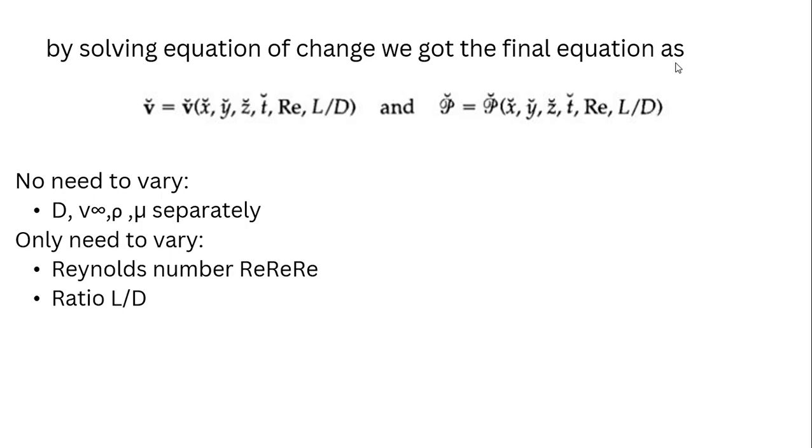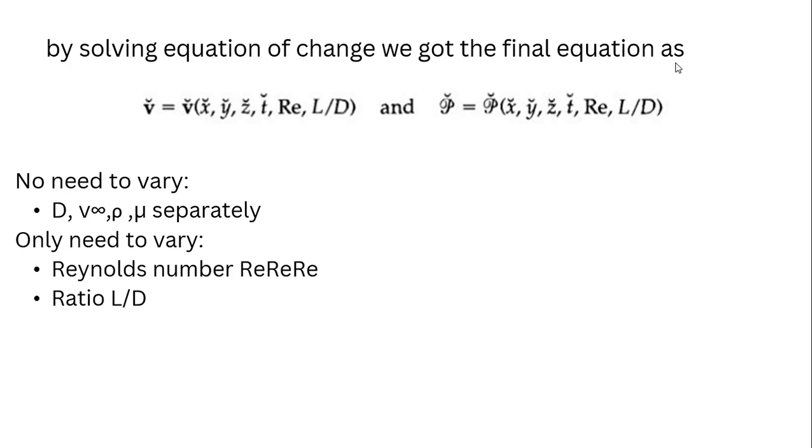By solving the equation of change, we got the final equation for the velocity profile and the pressure profile like this: velocity is a function of x, y, z, t, Reynolds number, and the L by D ratio, and similarly for pressure.